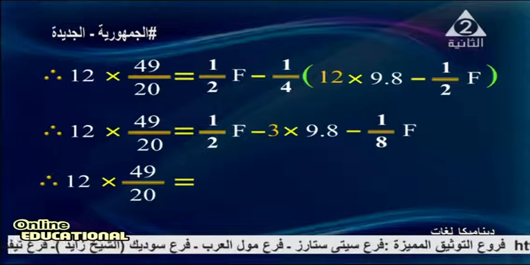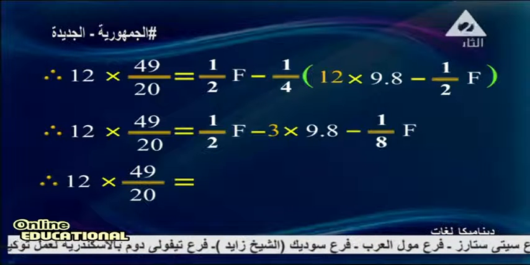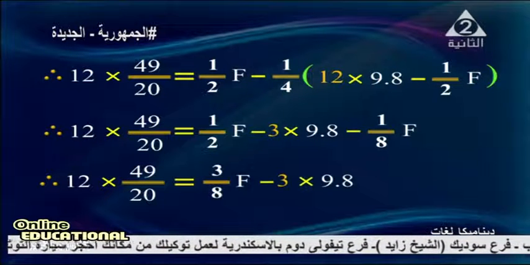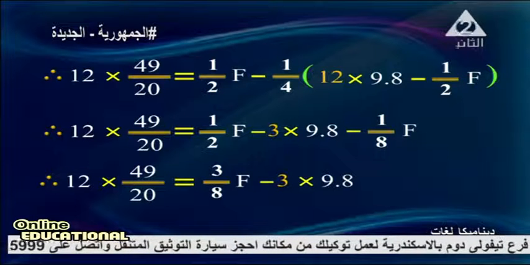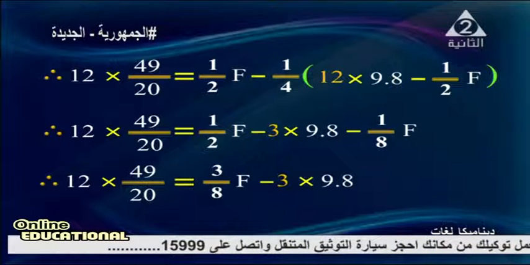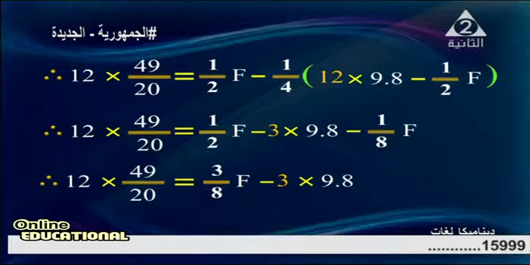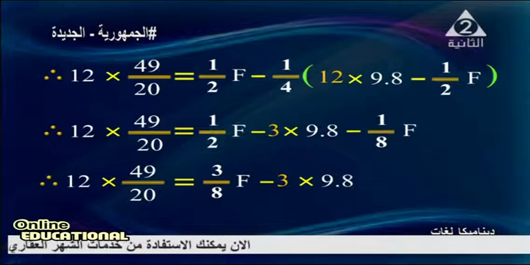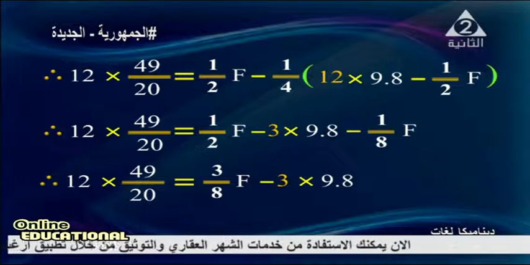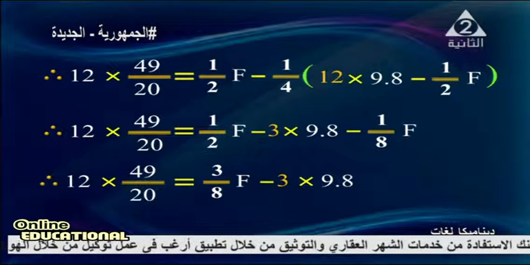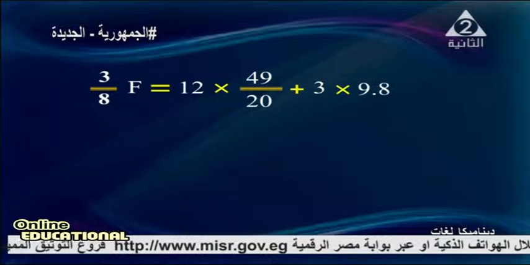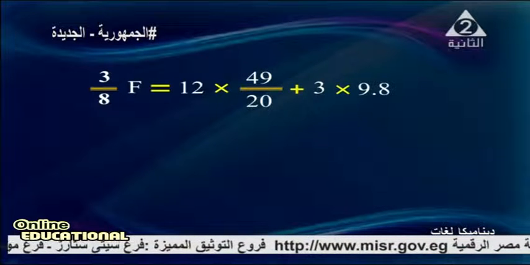We have half F and negative 1 over 8F, like terms. Then 12 times 49 over 20 equal 3 over 8F minus 3 times 9.8. Now 3 over 8F equals 12 times 49 over 20 plus 3 times 9.8.